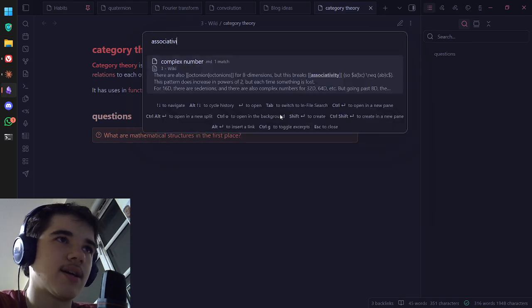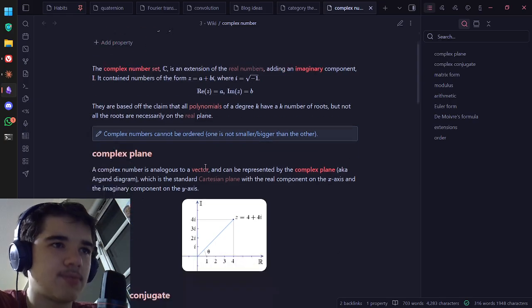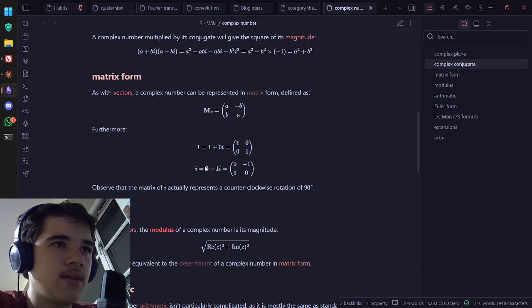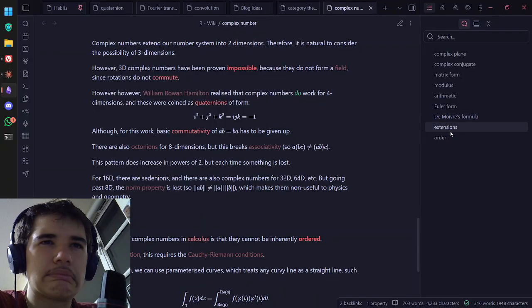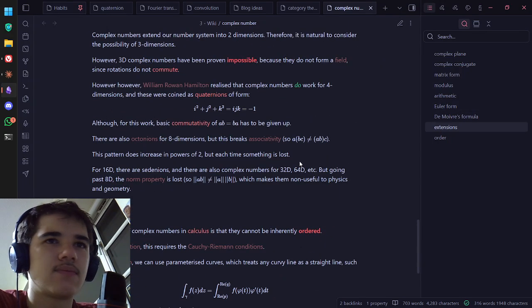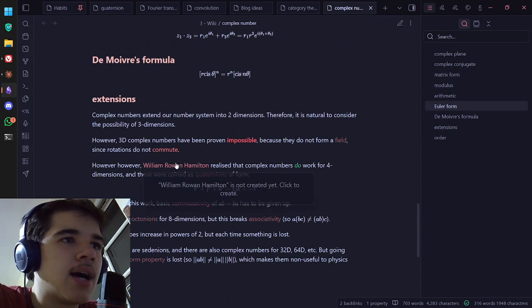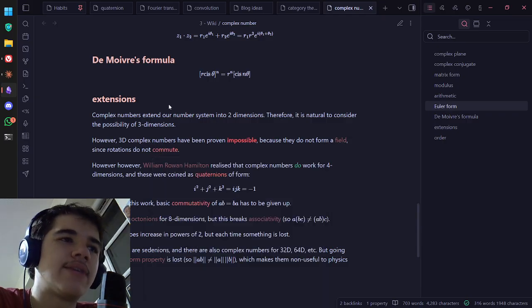I think quaternions, complex numbers, extensions. Yeah. Okay, now that's commutativity, that's different.